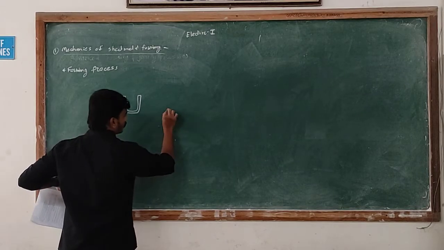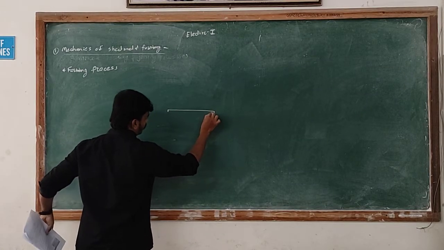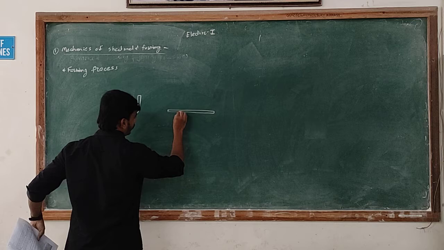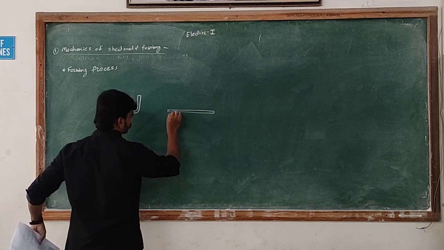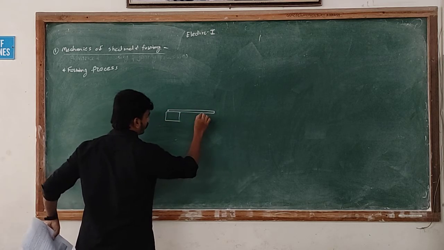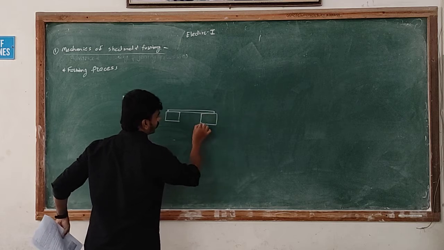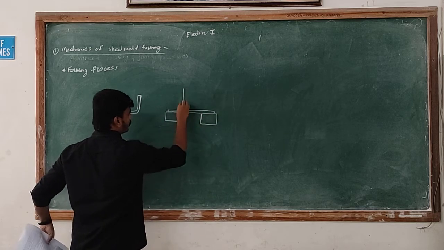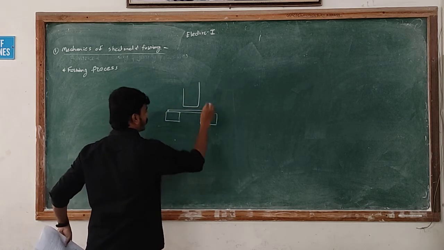Suppose this is my sheet metal, and here is some stopper or wheel, and here is our stop.